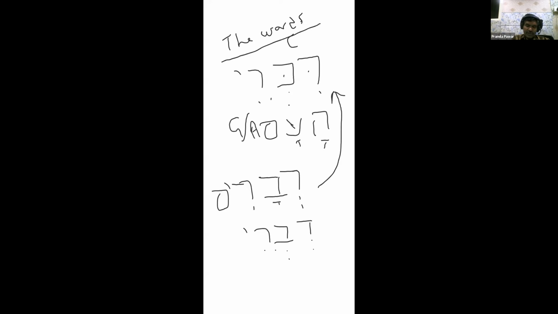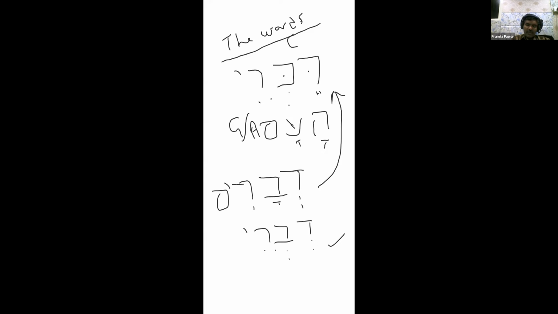Why am I explaining this? See this Devarim; the construct form is Divre. This Hirek, actually, which is a short vowel, Shva. So I have written here Shva.